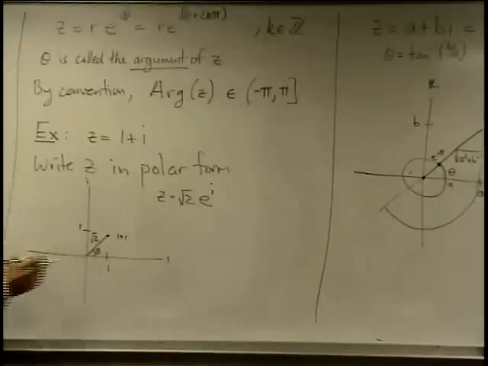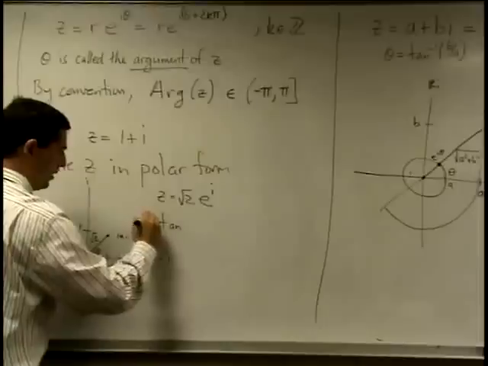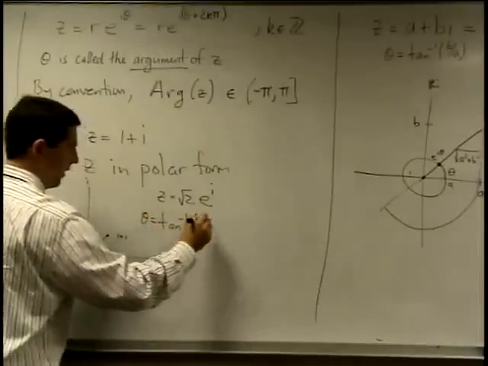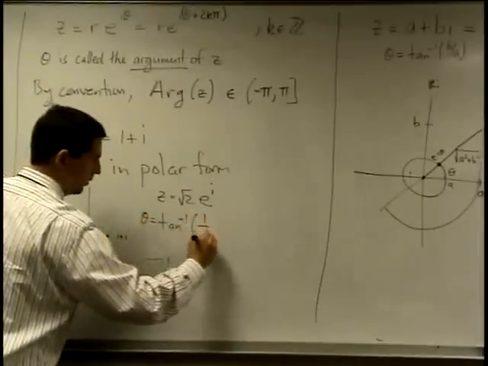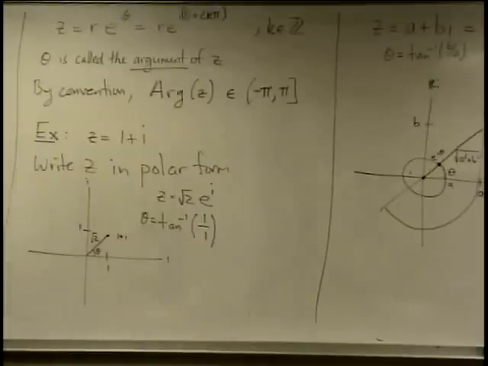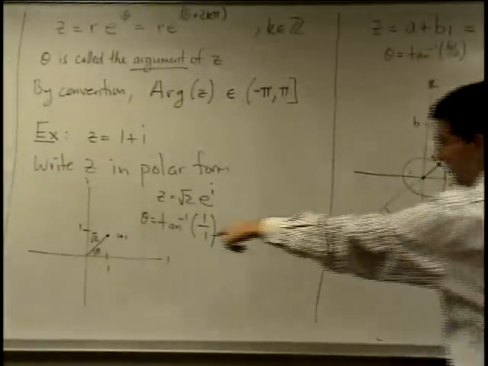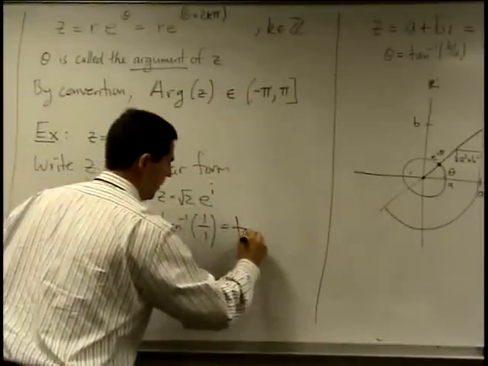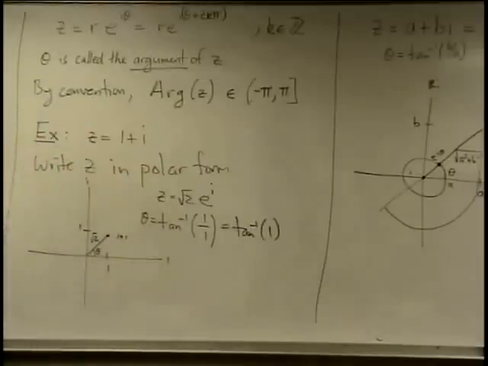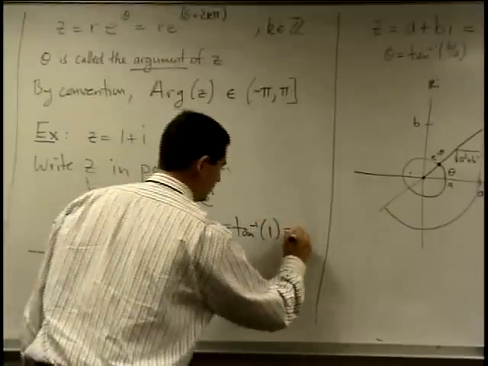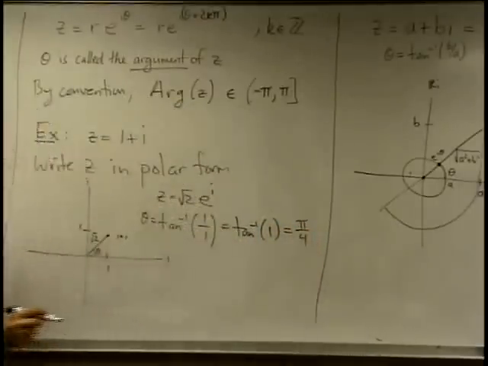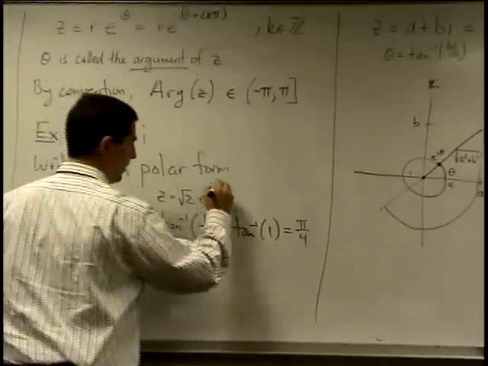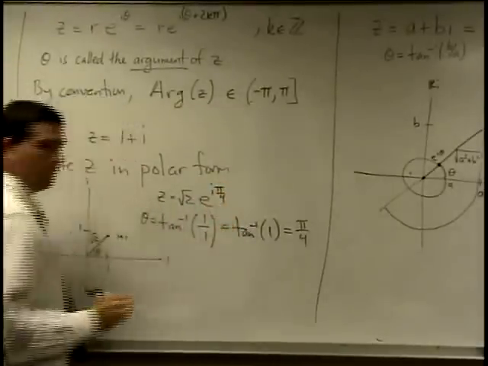If you like, theta is the arctan of 1 over 1, because the argument is supposed to be arctan of b over a, and both b and a are 1. Then you say, what's the arctan of 1? Remember, tangent is sine over cosine, so what angle gives you the same sine as cosine? It's pi over 4. And so this z is root 2 e to the i pi over 4.